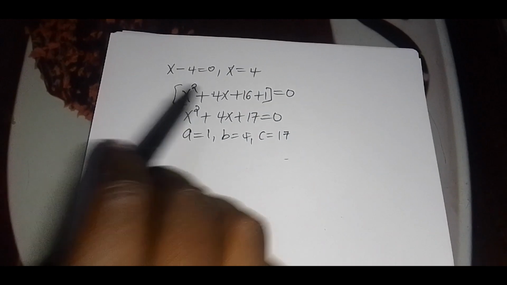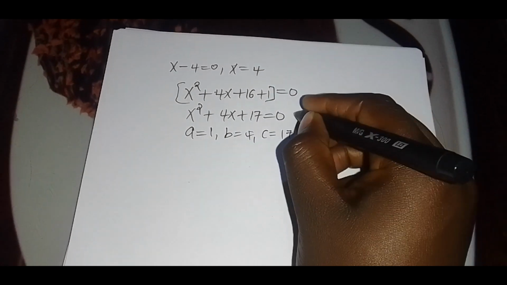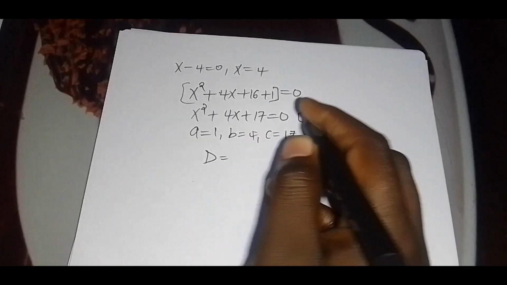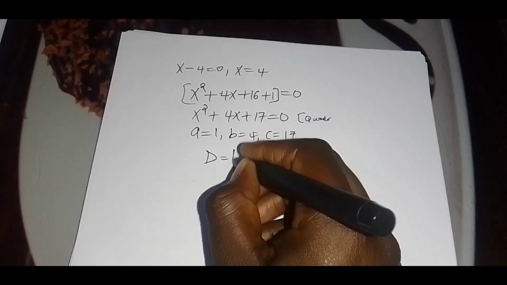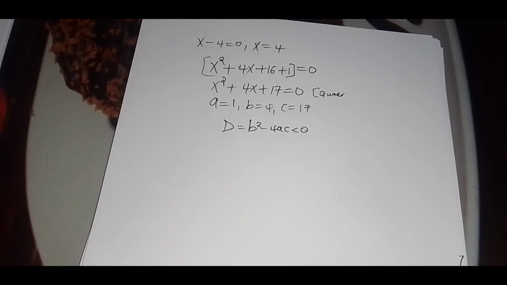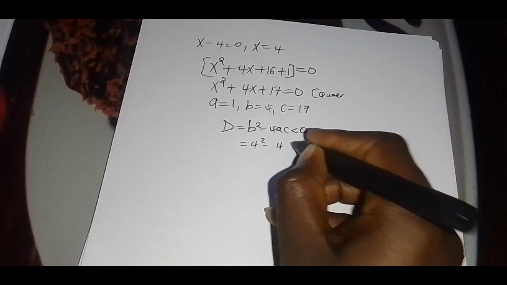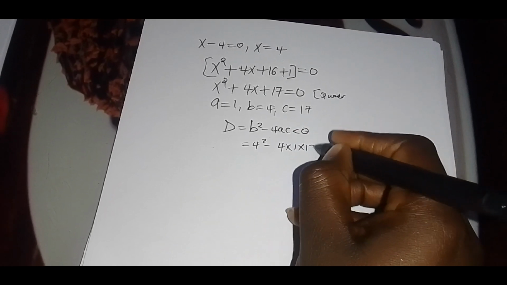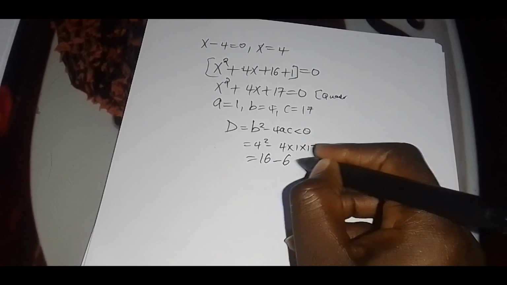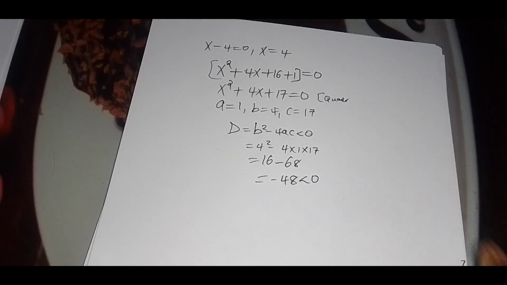Now to solve for the value of x, first of all, you find that this quadratic equation has a discriminant value which is less than 0, expressed as b squared minus 4ac. So this is equal to 4 squared, and substituting, minus 4 times 1 times 17. This is equal to 16 minus 68, which is negative 48, which is less than 0.